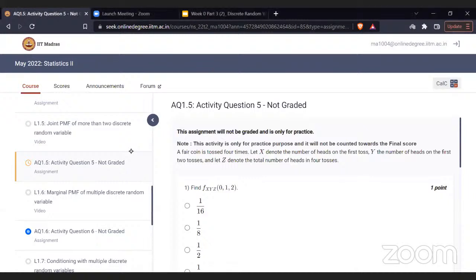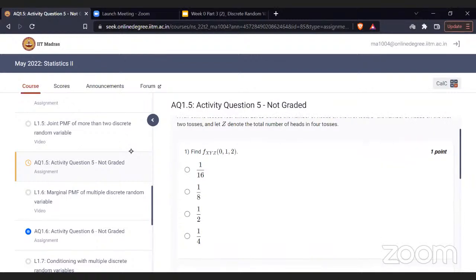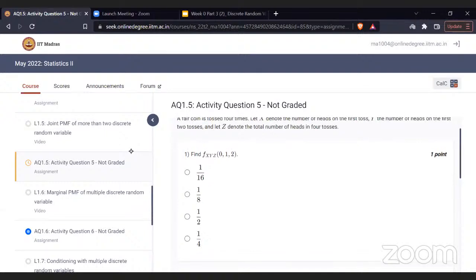So here a fair coin is tossed 4 times. Let X denote the number of heads on the first toss, Y denote the number of heads on the first 2 tosses, and Z denote the total number of heads in 4 tosses. To find the first problem, X, Y, Z equal 0, 1, 2.